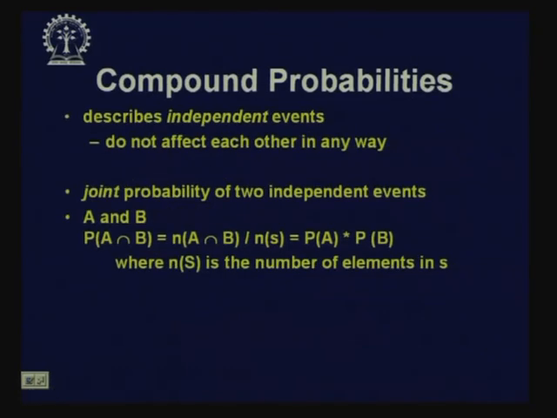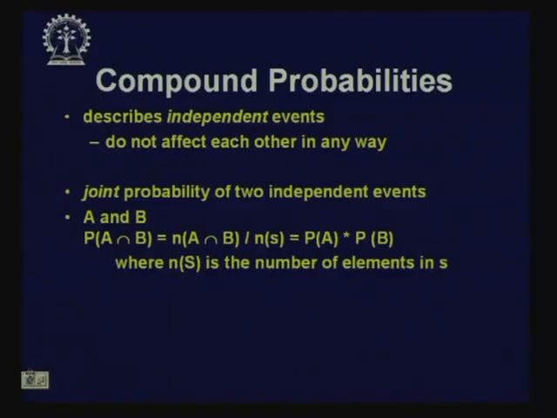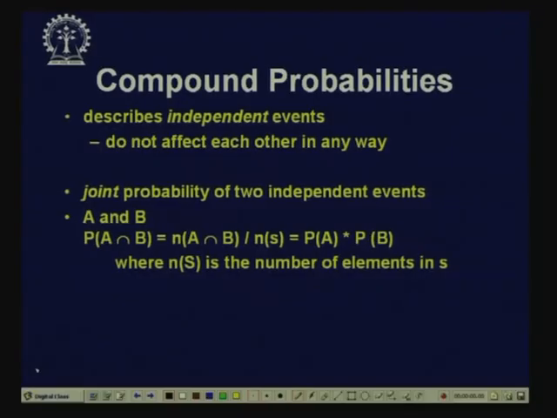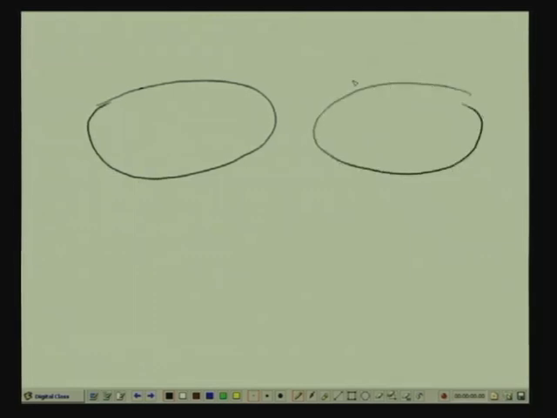The next thing is compound probability. In the last lecture, we tried to explain the idea of independent events. Suppose there are two sets. Here the possible outcomes are, say 1, 2, 3, that is my space x, and there is another space y.